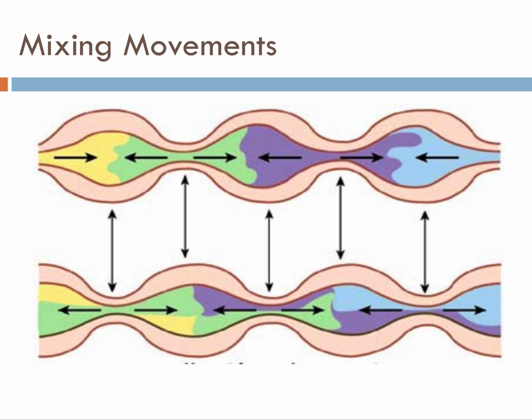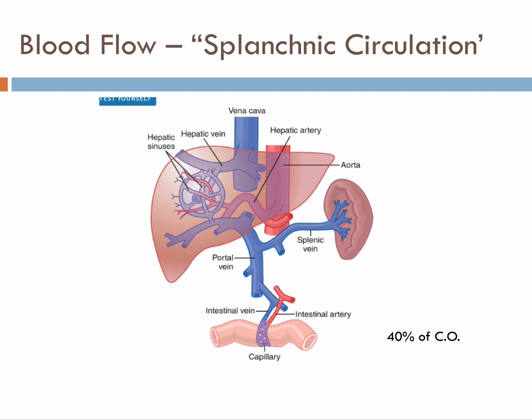Okay, finally, the blood flow in this area is called the splanchnic circulation, and the splanchnic circulation is going to involve the circulation to the colon, to the small intestines, but mainly to the spleen and the liver. The liver is the organ that derives the largest amount of blood supply than any other organ during normal circumstances.